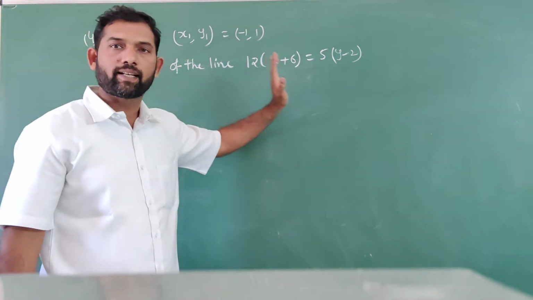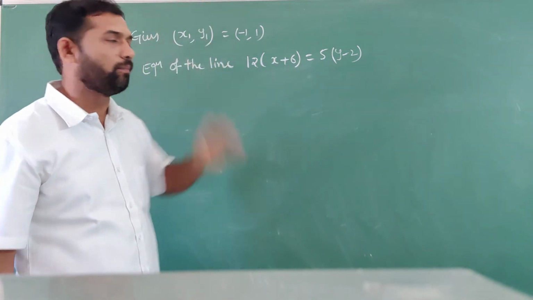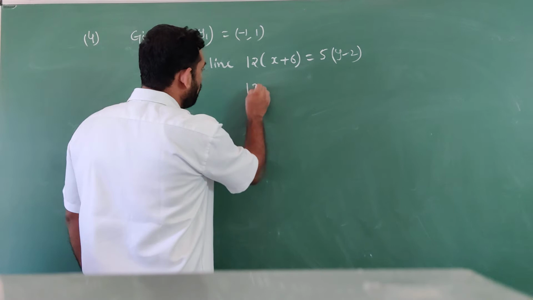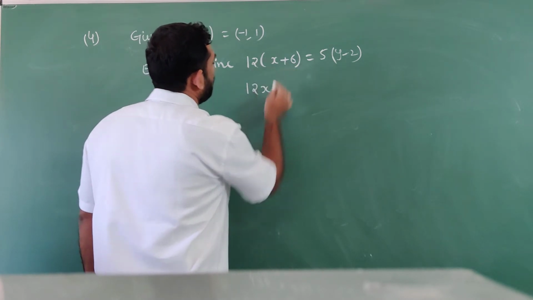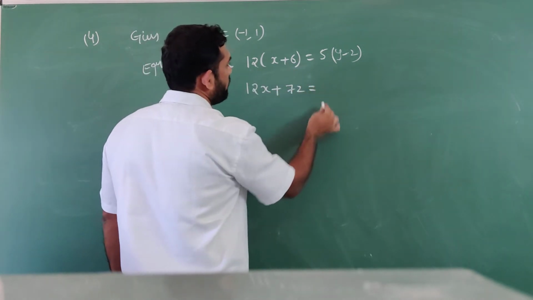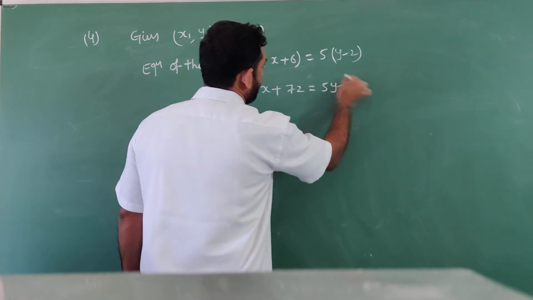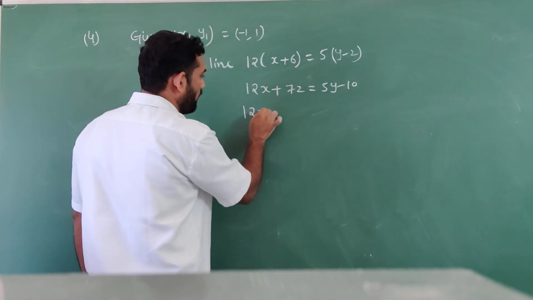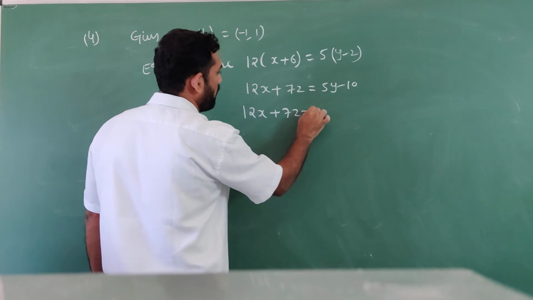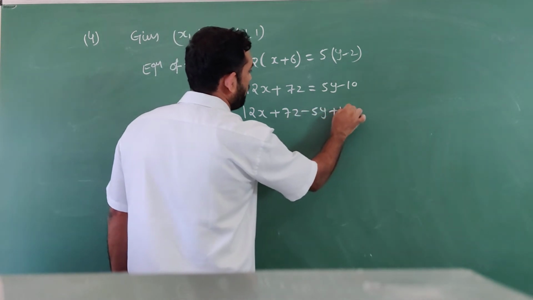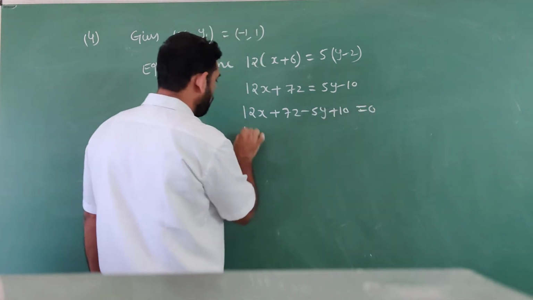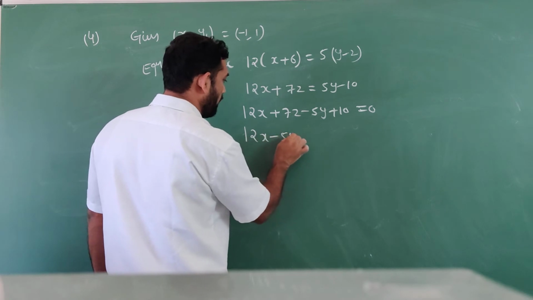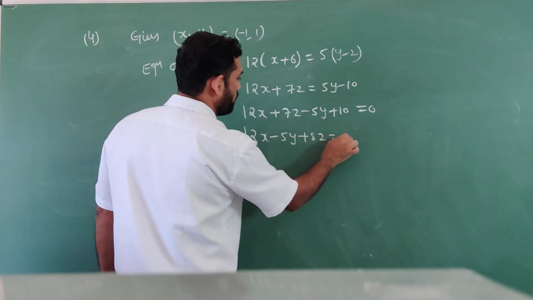First of all, this line you have to convert into proper form. 12x plus 72 is equal to 5y minus 10. So again 12x plus 72 minus 5y plus 10 is equal to 0. Now 12x minus 5y plus 82 is equal to 0.